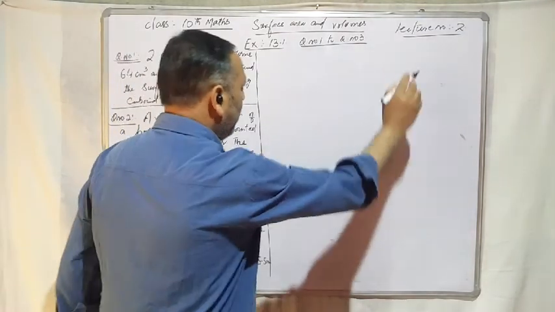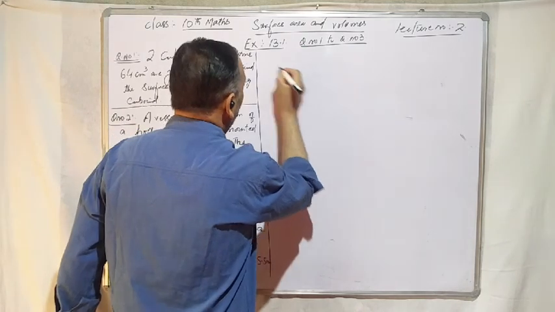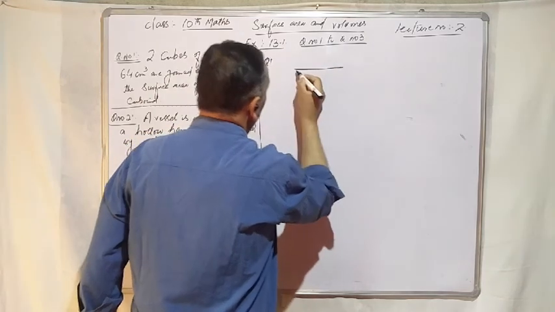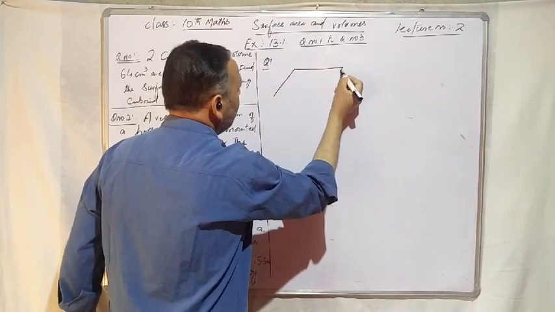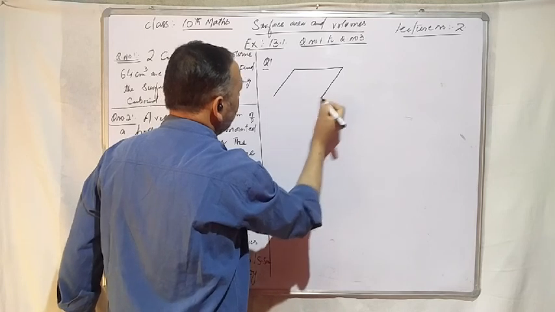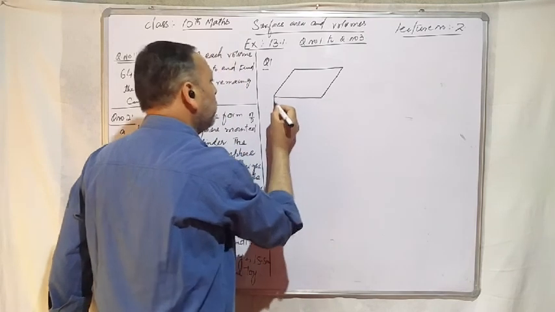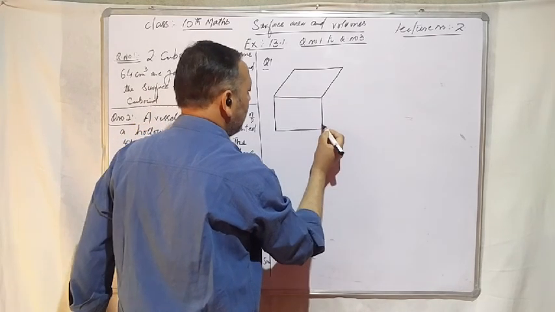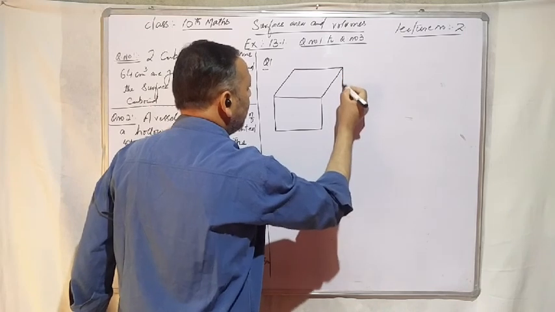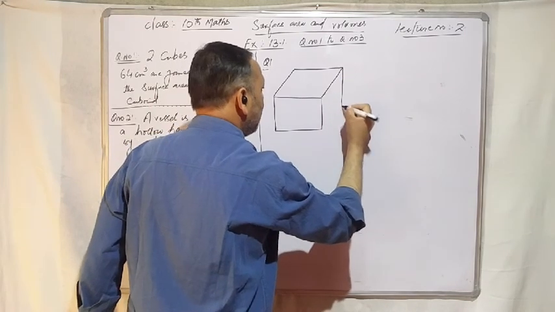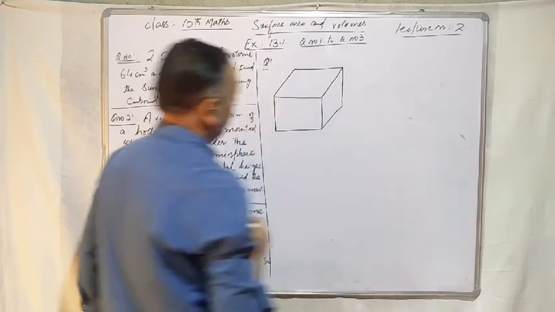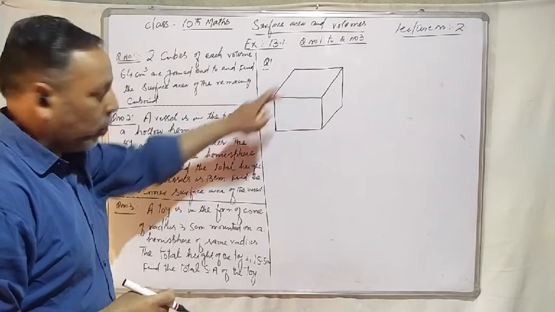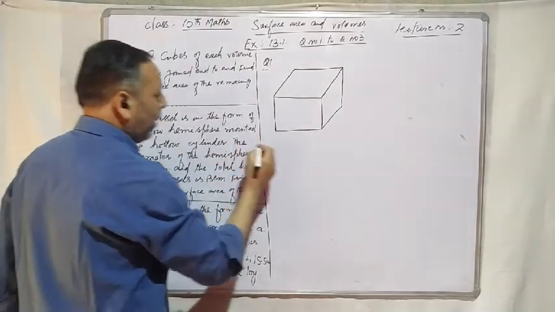Let me draw a cube. Let me try to make you understand what the question says. We have a cube whose volume is 64 cubic centimeters.